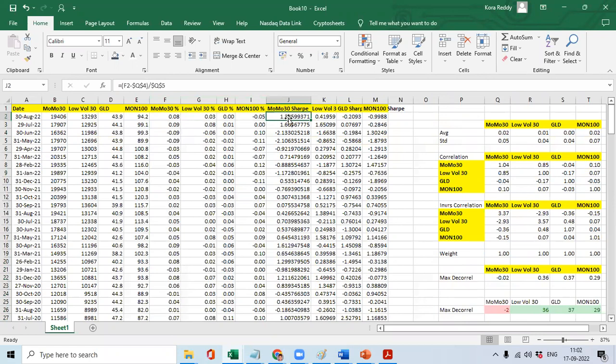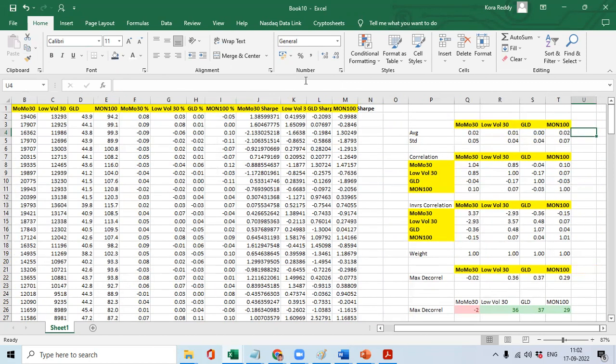That is nothing but today's returns minus the average divided by standard deviation. So the average is, what is the average monthly returns? So average of F. Similarly, G of G, things like that.